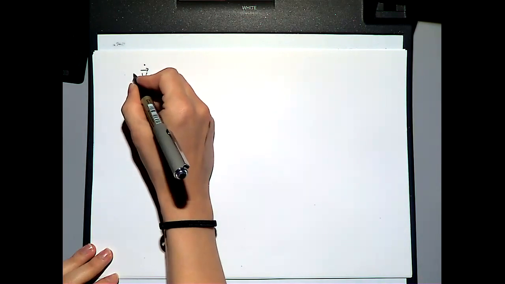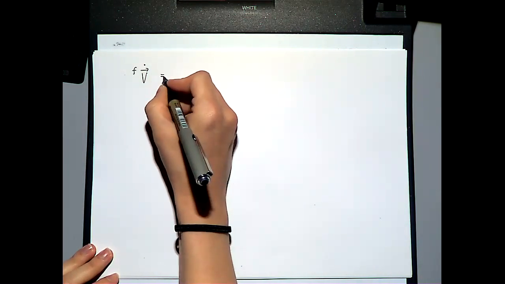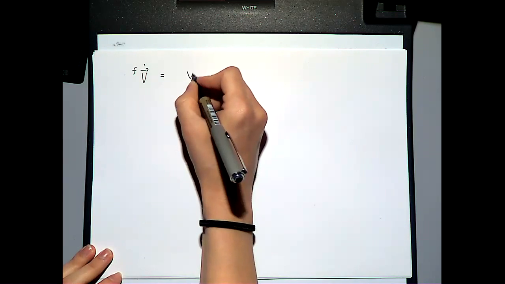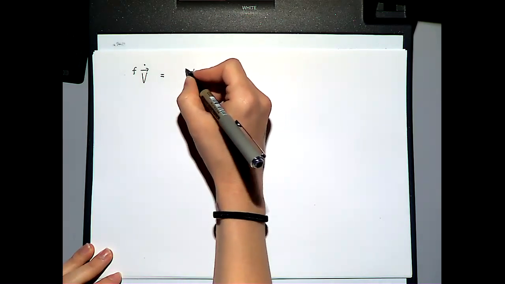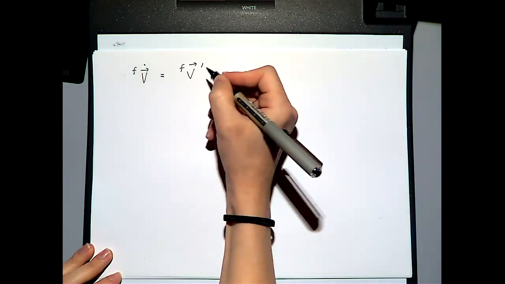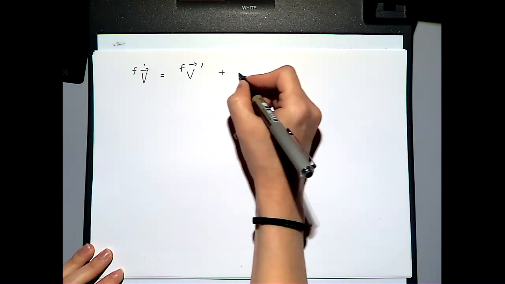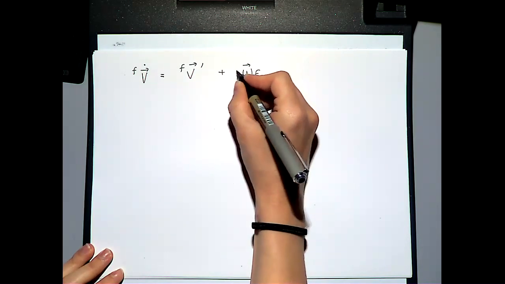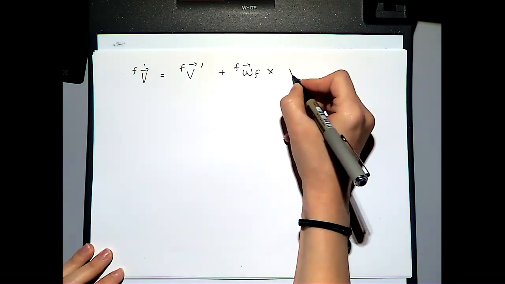V dot in F equals V prime in F plus omega F cross V in F.